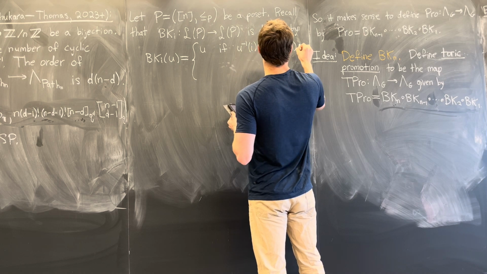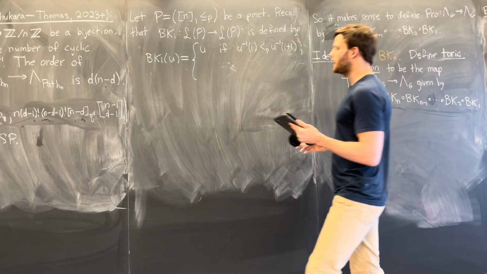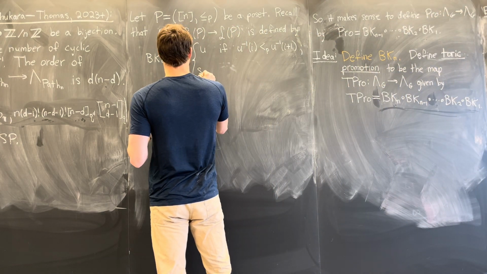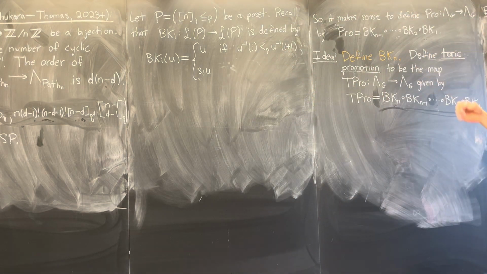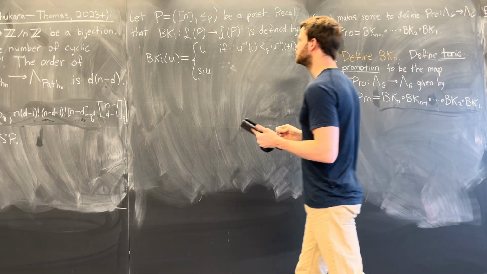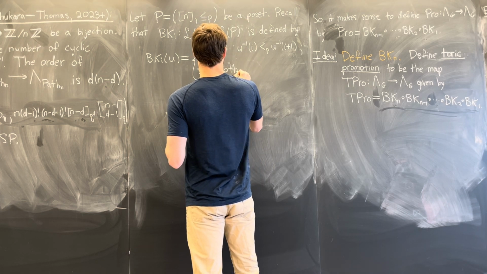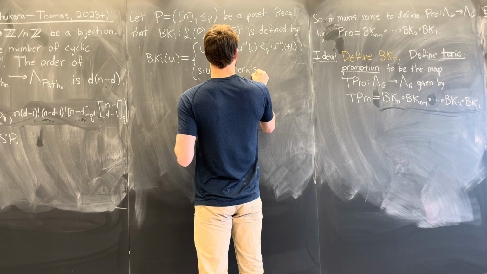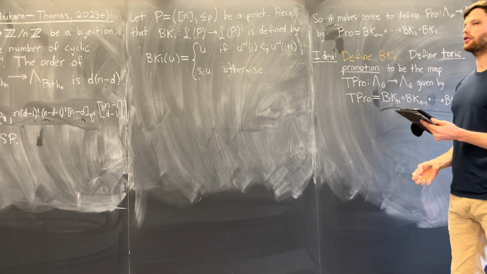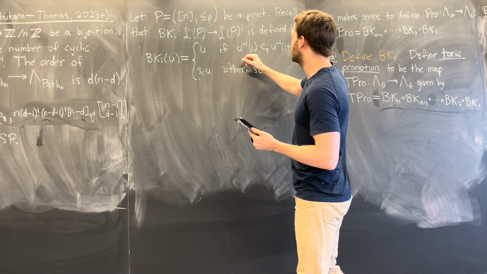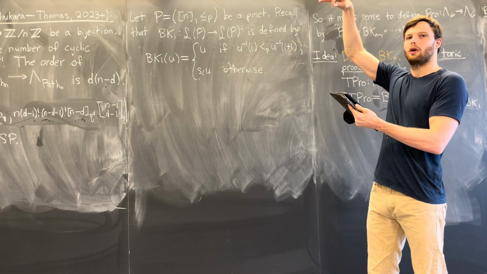I don't know if this is exactly how I phrased it before, but this is how I want to phrase it this time. And it's s_i U otherwise, where s_i is the simple transposition in the symmetric group that swaps i and i plus 1. So if the label i is sitting below the label i plus 1, you do nothing, otherwise you swap them.